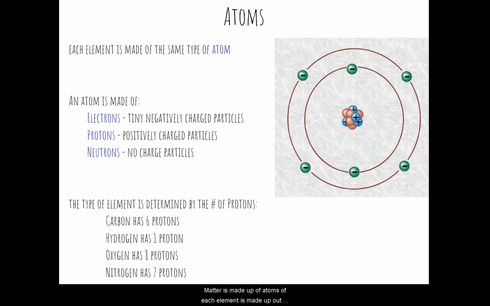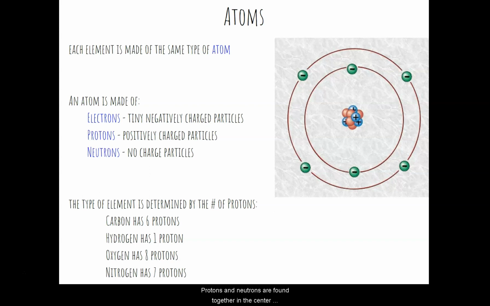So let's back up and go into the most detail that you'll need. Matter is made up of atoms, and each element is made up of the same type of atom. An atom has some basic characteristics. It has 3 types of subatomic particles: electrons, protons, and neutrons. The electrons are found in a cloud and are negatively charged, and they're so tiny that they have almost negligible mass.